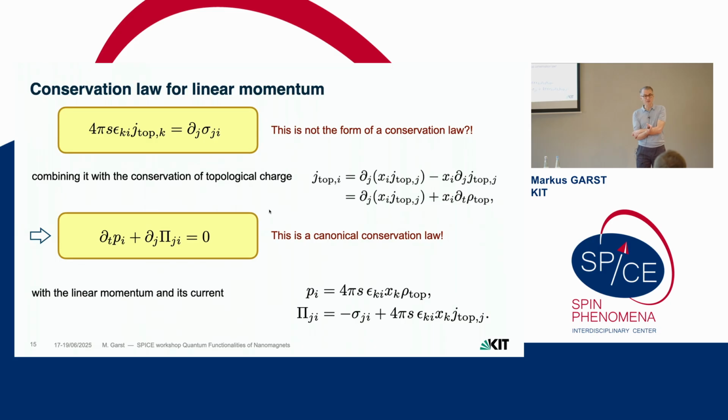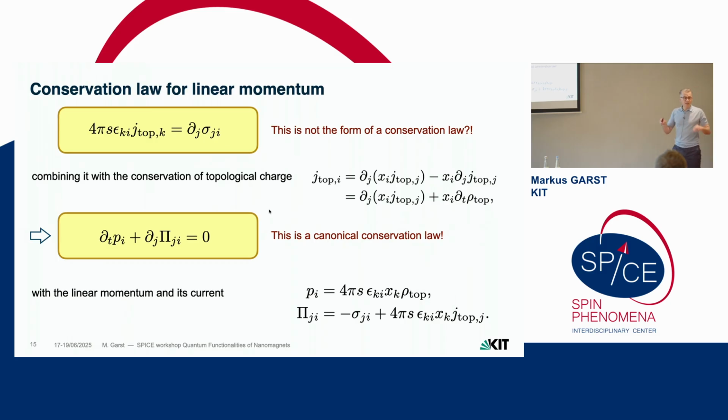And if you do it naively, you will get a conservation law which is not spin gauge invariant. However, because the continuity equation has some freedom, you can get rid of this spin gauge arbitrariness and formulate it in a manifestly spin gauge invariant form, which is exactly this one. So it's not obvious, you have to do a little bit of work, but you can formulate it exactly in this form.